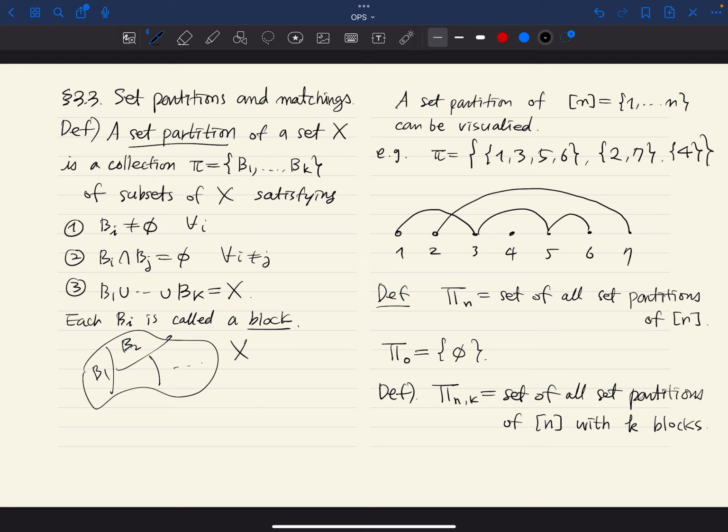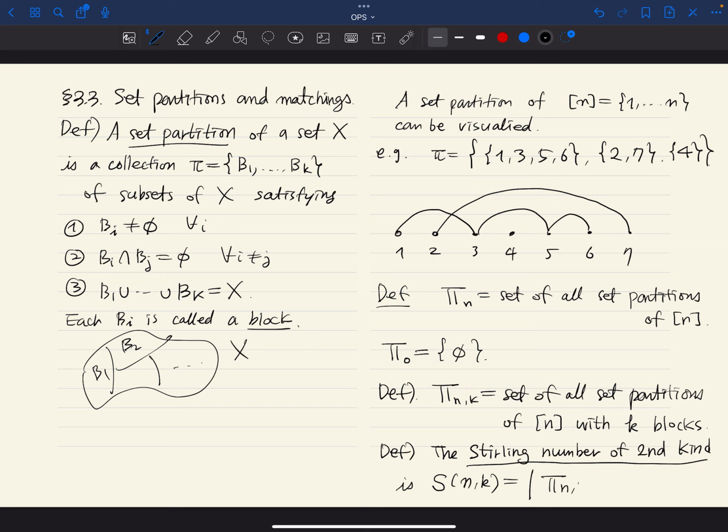And finally, we define this: the Stirling number of the second kind. The Stirling number of the second kind is denoted by capital S of n comma k, which is the cardinality of this. So in other words, it's the number of set partitions of n with k blocks.